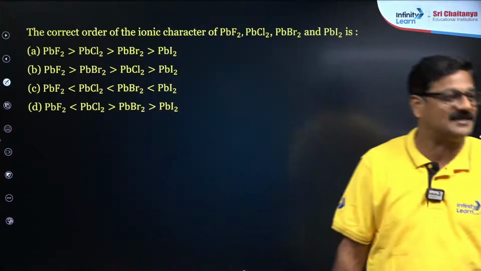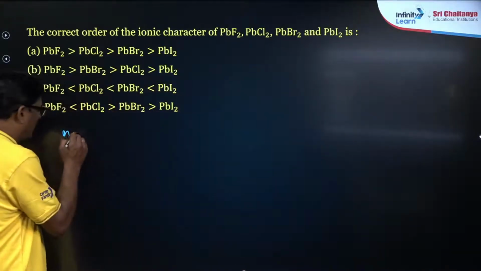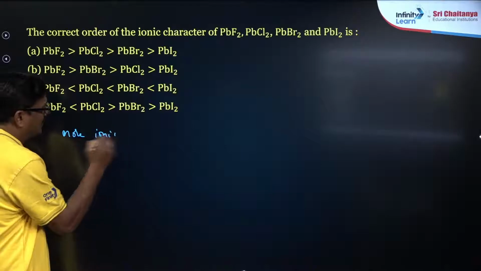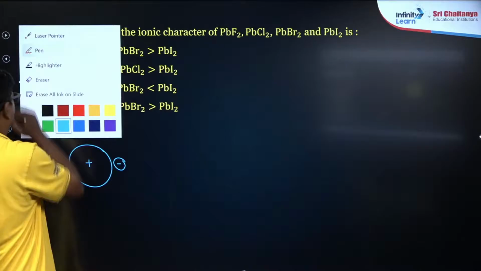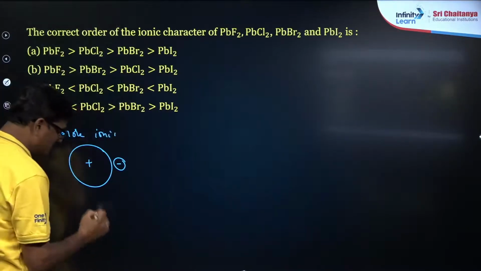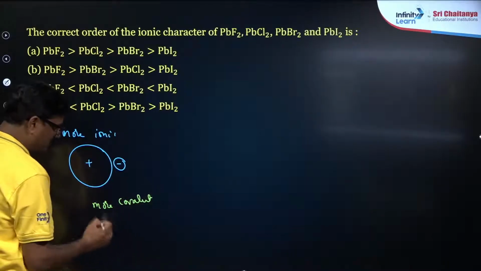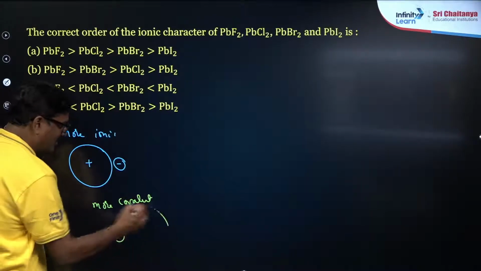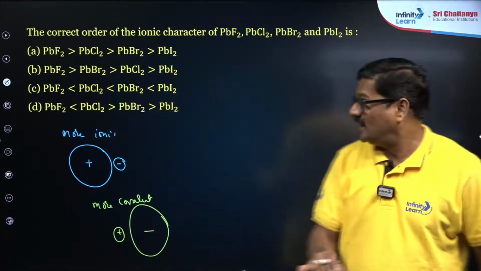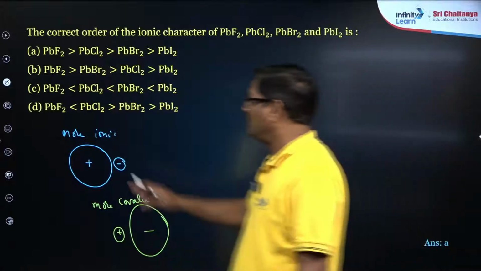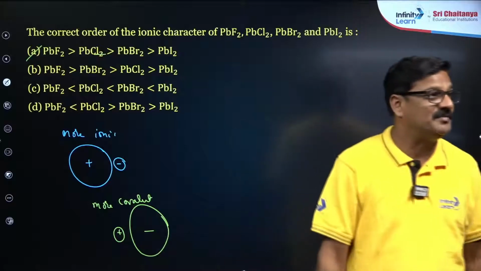The combination of a large cation and a small anion gives more ionic character, and a small cation and a large anion gives more covalent character. So in this case, PbF2 is more than PbCl2, more than PbBr2, more than PbI2.